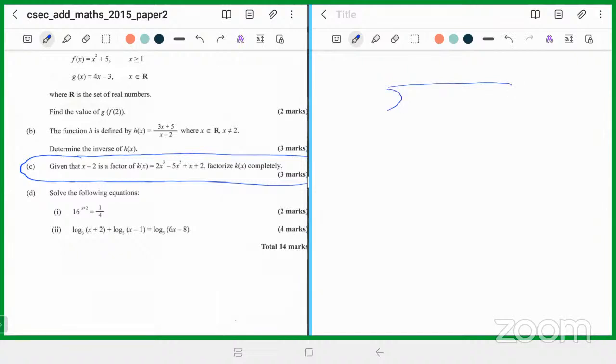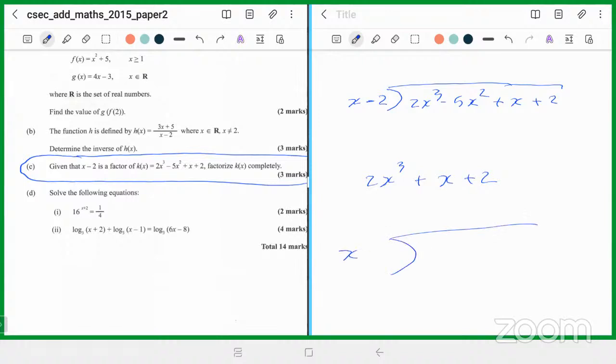We're going to divide x minus 2 into 2x cubed minus 5x squared plus x plus 2. And let me explain something to you. If, for example, they gave you 2x cubed plus x plus 2, and they did not give you a square term, when you set up a division, you write x minus 2, and you would put 2x cubed plus 0x squared, then plus x plus 2.